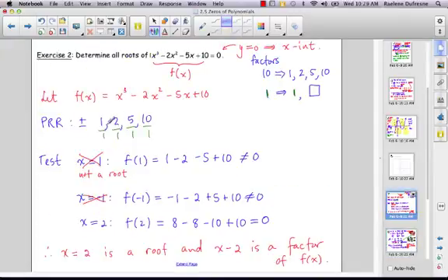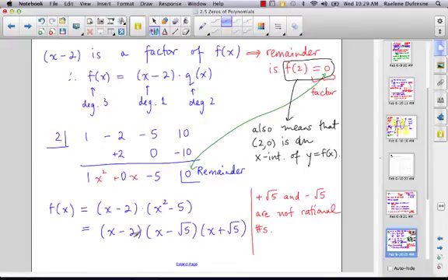That means that any of the other possible rational roots will not substitute in and make f of x equal to 0. So the only three roots, because we have a cubic polynomial, the maximum number of roots we can have is 3, and the three roots are 2, positive root 5, or negative root 5.